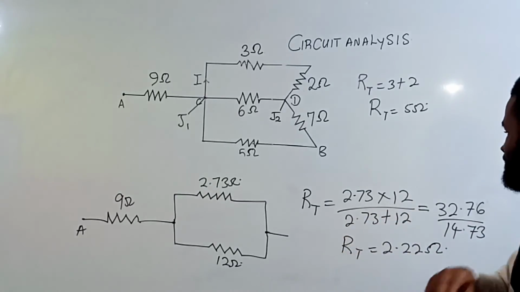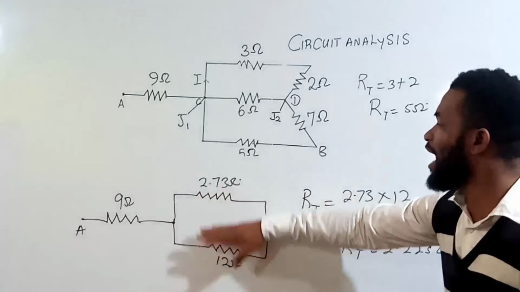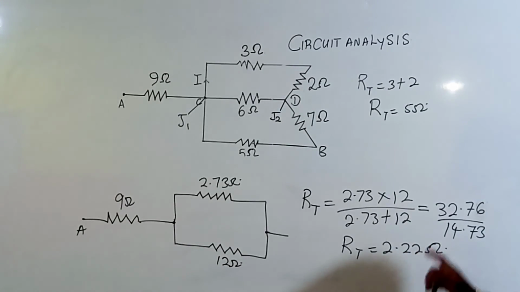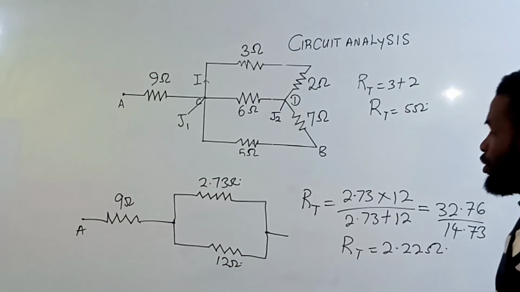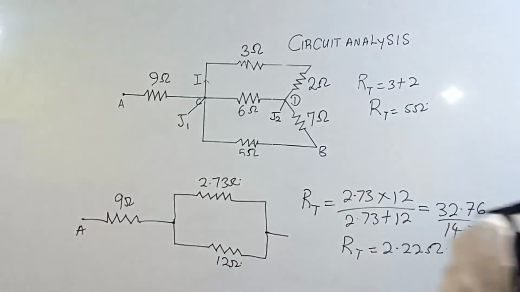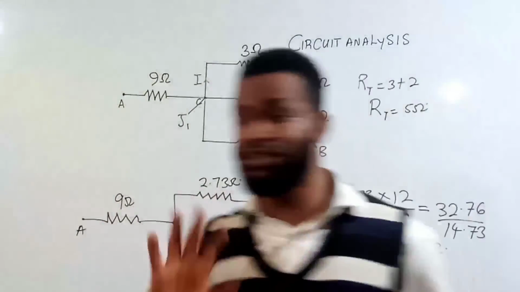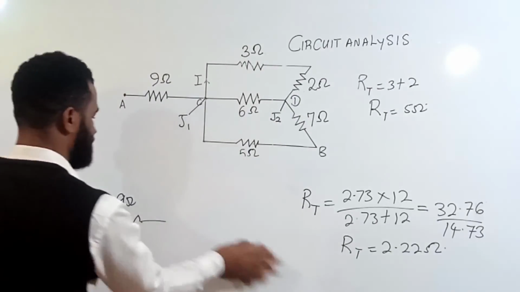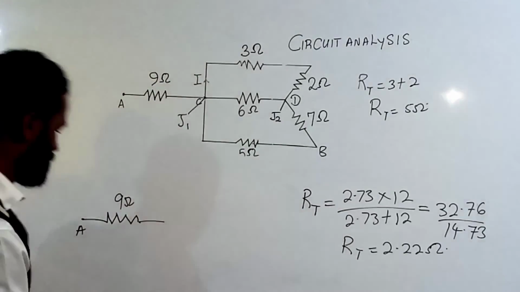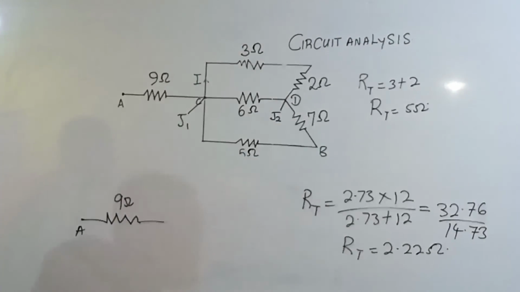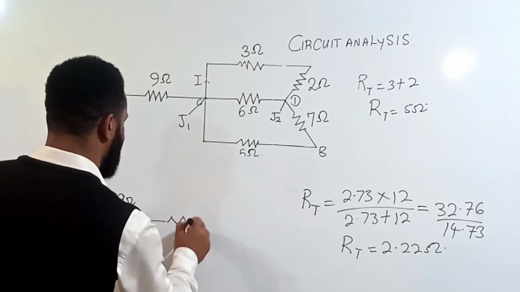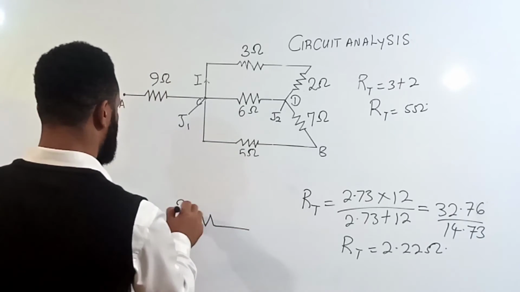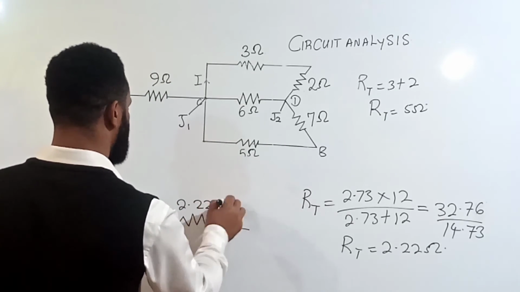So after that, I now have this. Now, these 2 have combined to give me 2.2 ohms. So what I'm going to do is add it. So at the end, everything will now be in series. So these 2 have now combined with this to be 2.22 ohms.